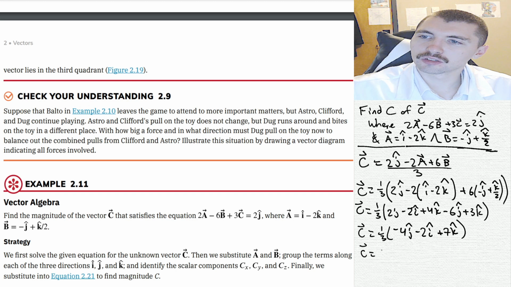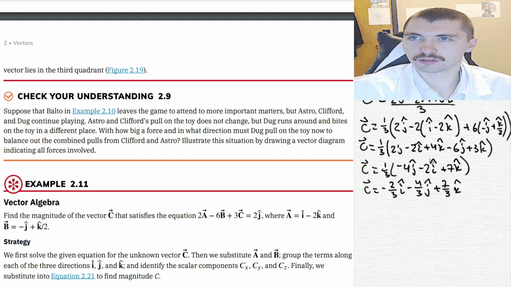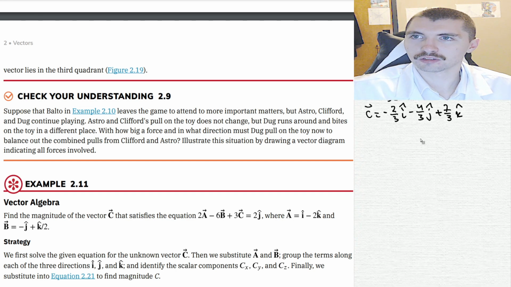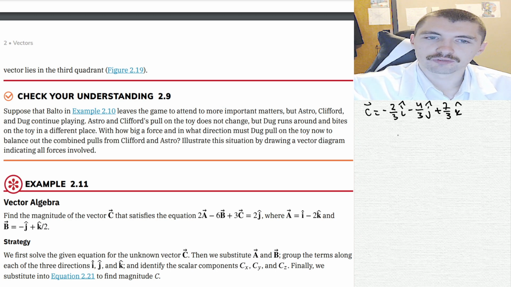All right, and I'm going to write these in XYZ form. Negative 2/3 i hat minus 4/3 j hat plus 7/3 k hat. Okay, there is our vector C in component form.